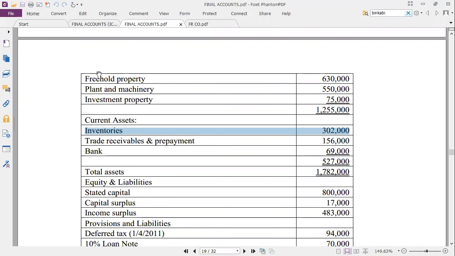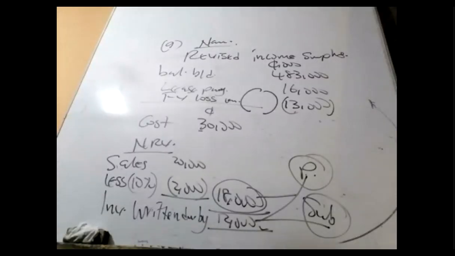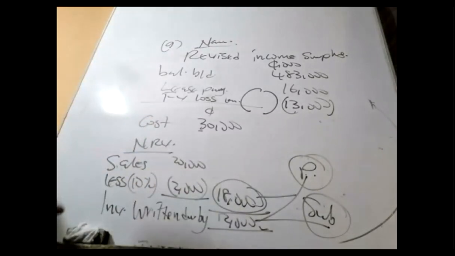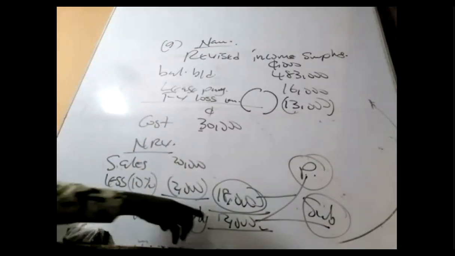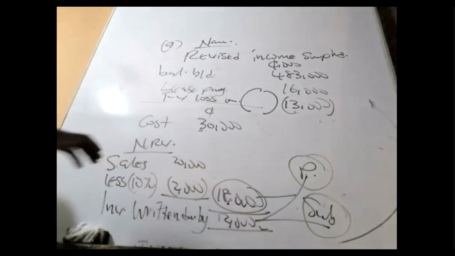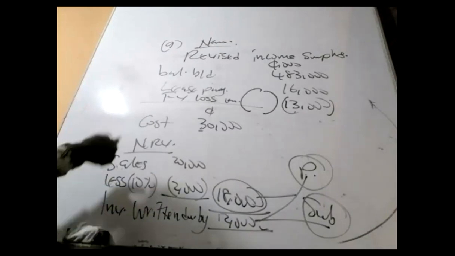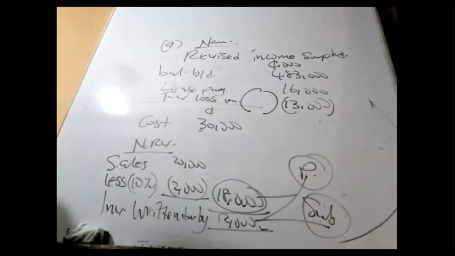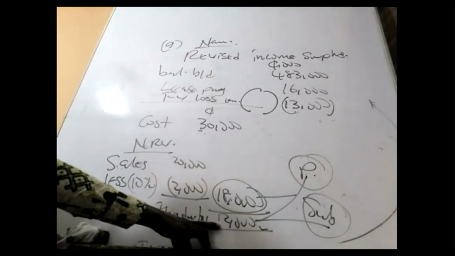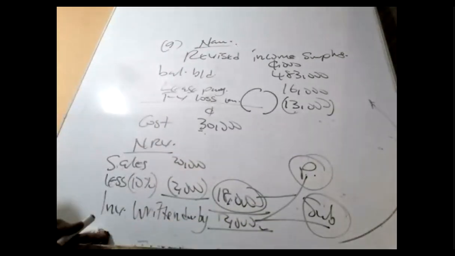So in short, subtract this 12,000: the entire inventory needs to be written down by 12,000. That is all. Subtract this 12,000 from the entire inventory because this slow moving item is within the entire inventory. That is the second leg.